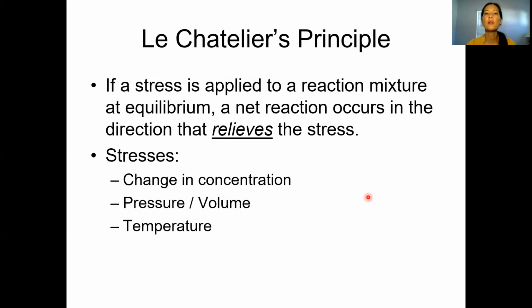The equilibrium is going to shift to either the left or the right, meaning left is reactants, right is products, and it's going to shift to relieve that stress. Here are examples of stresses: a change in concentration of reactant or product, a change in the pressure or volume that can greatly affect gases, or a change in the temperature. And what you would look at there is whether this is endo or exothermic.